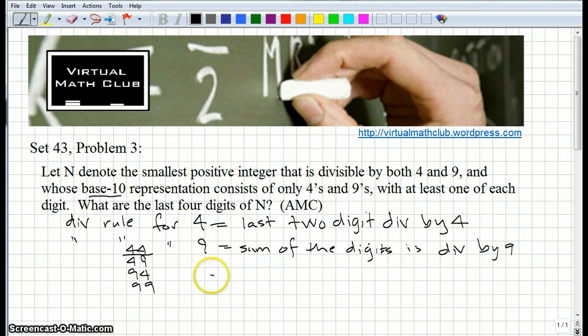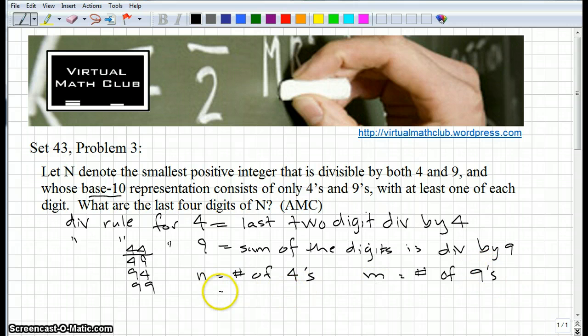Let's define a couple of variables: let n be the number of 4s in this number, and m the number of 9s.